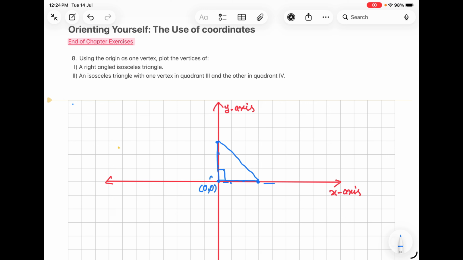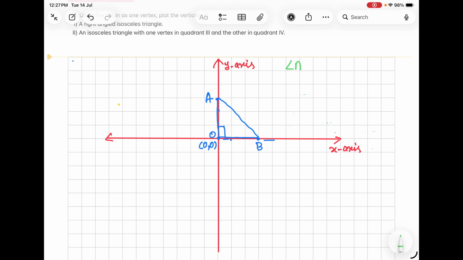This is O, this is A, this is B. So AOB triangle is a right angle isosceles triangle, where angle AOB is 90 degree and OA equals to 3 unit, OB equals to also 3 unit. Therefore, angle AOB equals to 90 degree and side OA equals to OB equals to 3 units.